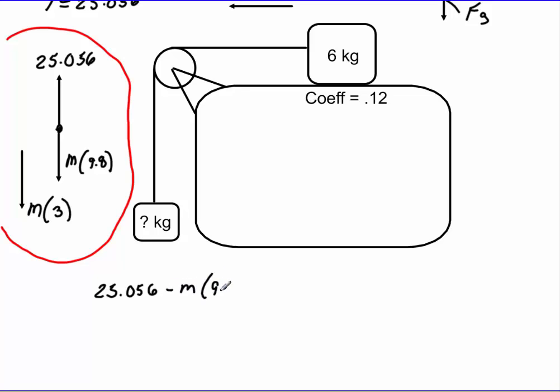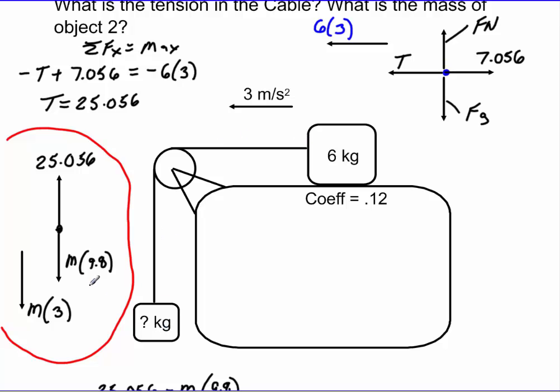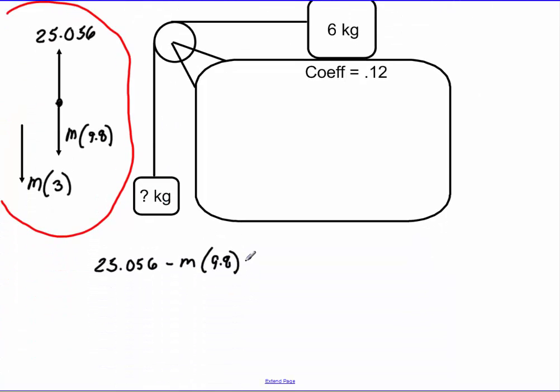Wait, why is it accelerating down? Because the whole system's going this way. Did you get 3.685? Yep. She gets 3.685.